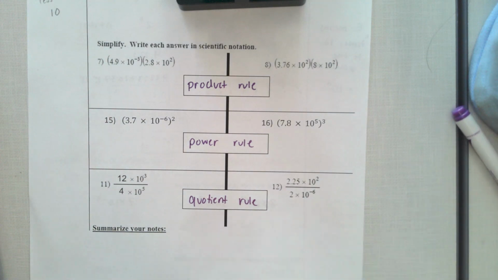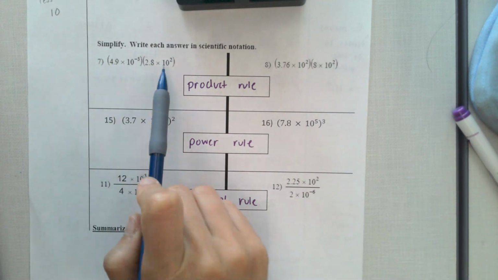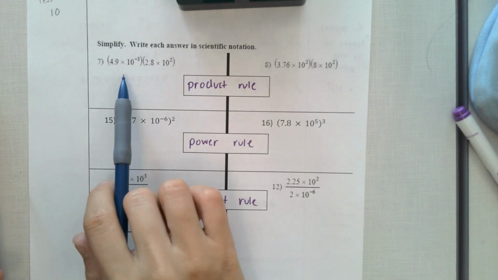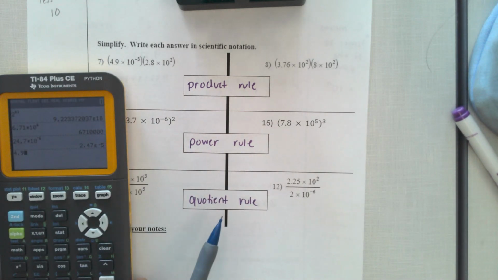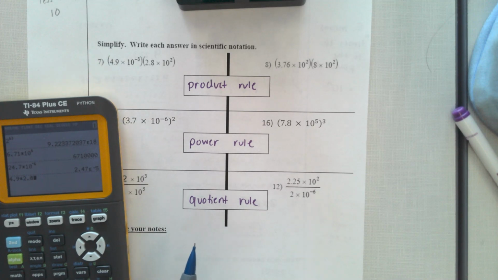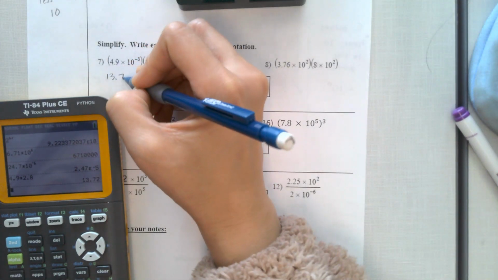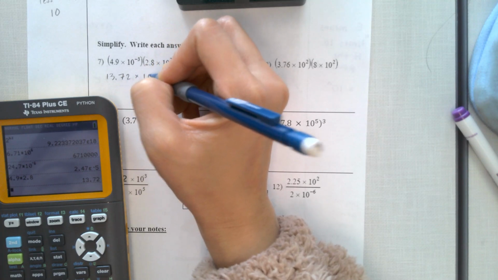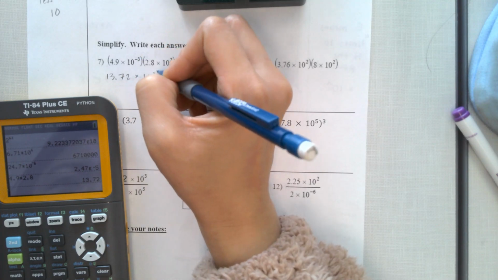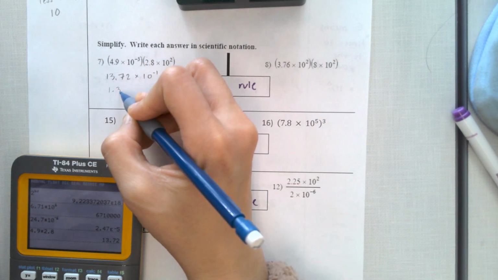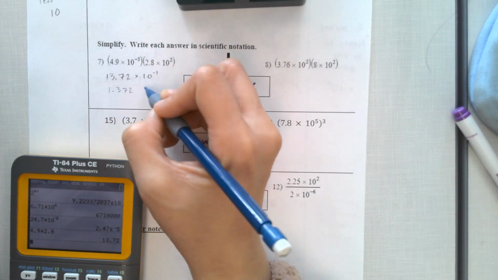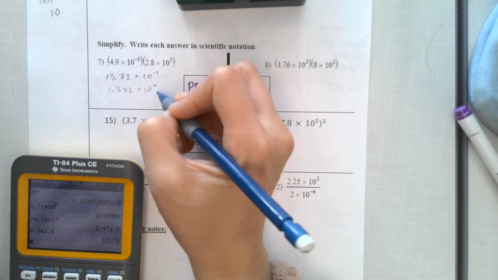Okay, so what we want to do is multiply the numbers together, and then we're going to add the exponents. So we have 4.9 times 2.8 is 13.72 times 10. Negative 3 plus 2 is negative 1. But remember, we need this to be 1.372, so we moved it over, we need to add 1, times 10 to the 0, but that's just 1.